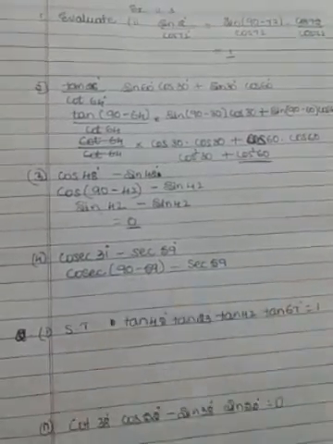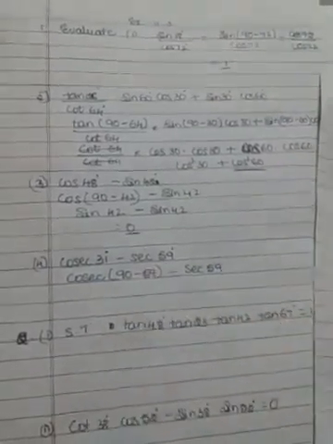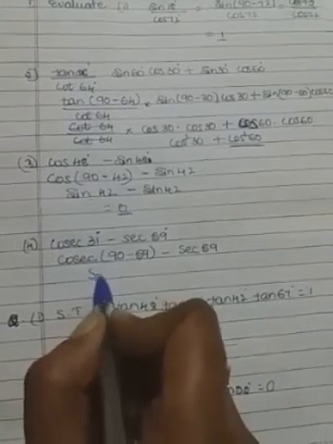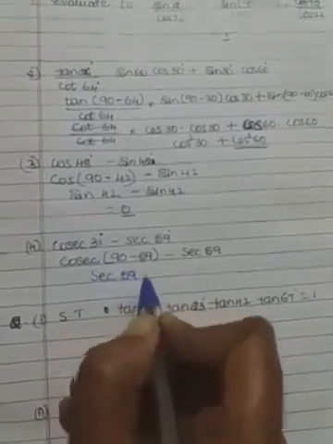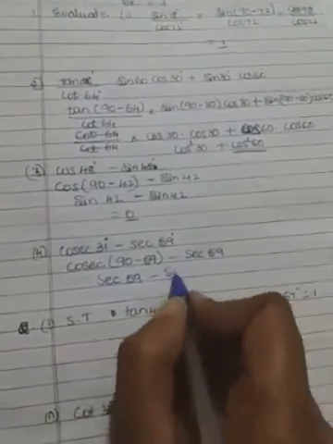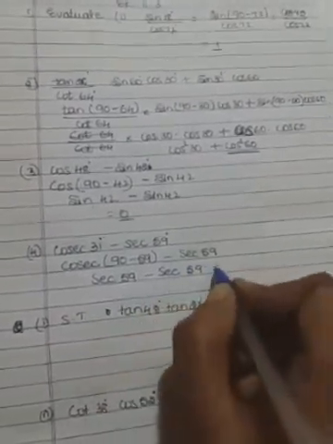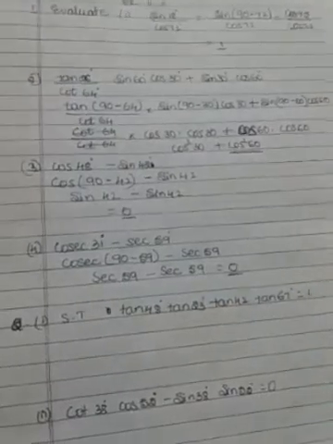Here theta is 59, and cosecant 90 minus theta is secant theta. So we get secant 59 minus secant 59, which is equal to 0.